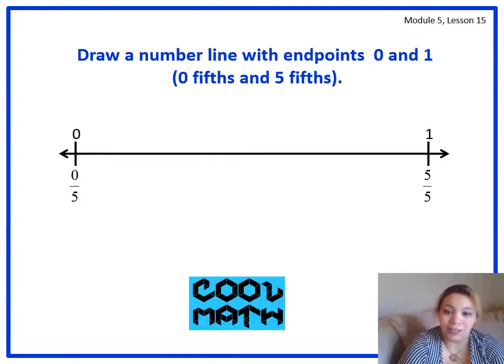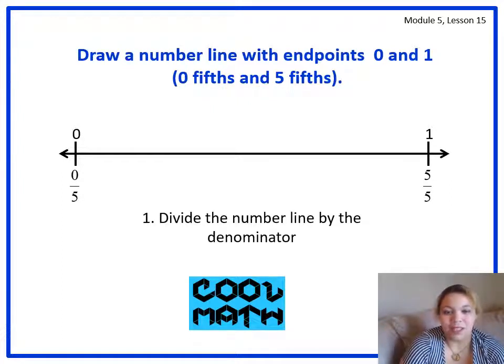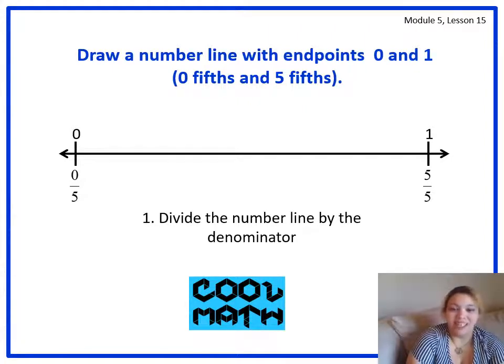Now we're going to draw a number line with the endpoints 0 and 1, and we're going to label them as 0/5 and 5/5. Step 1 tells us we need to divide the number line by the denominator. Remember, the denominator represents the total number of parts in the whole, which in this case is 5. So I need 5 equal parts.